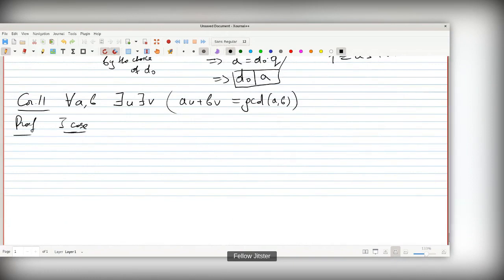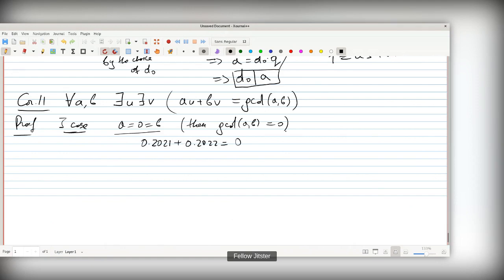The first case is when A and B are both 0. So the greatest common divisor is 0. What should we do? It is very easy. 0 multiplied by 2021 plus 0 multiplied by 2022 equals 0. So everything is trivial.